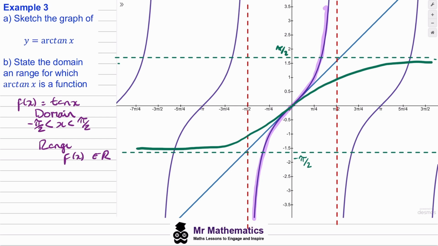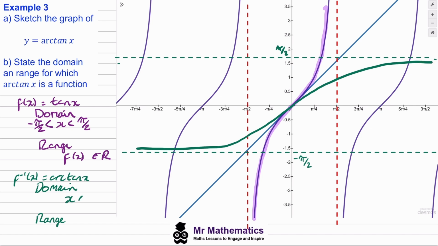So if this is tan of x, the inverse function of x will be arctan of x. What do you think the domain and the range of arctan of x will be? You can see the domain covers all real values of x. It shoots off to negative infinity in this direction and positive infinity in this direction.